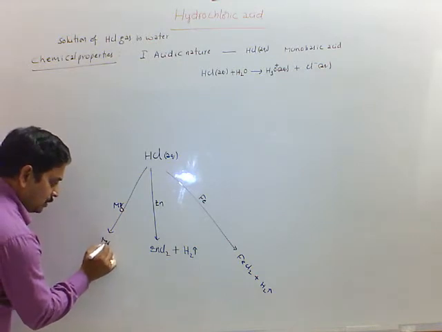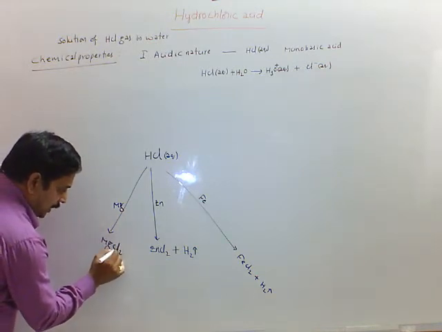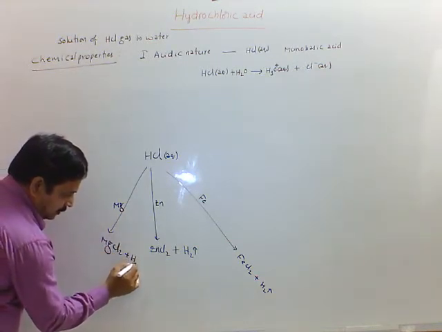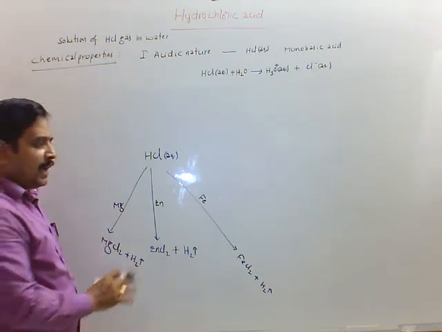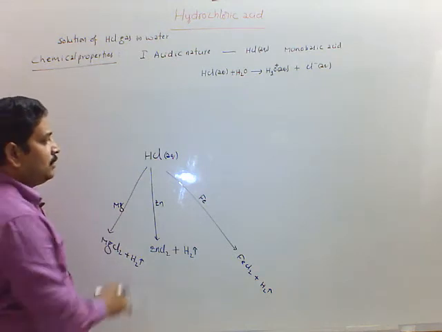It forms magnesium chloride and liberates hydrogen gas. This is about reaction with the active metals.